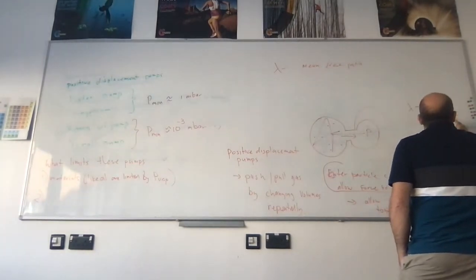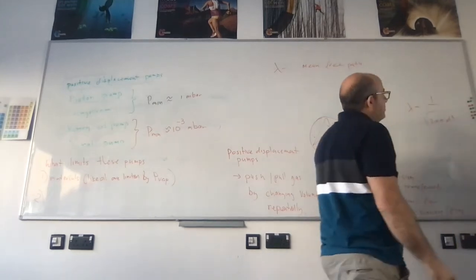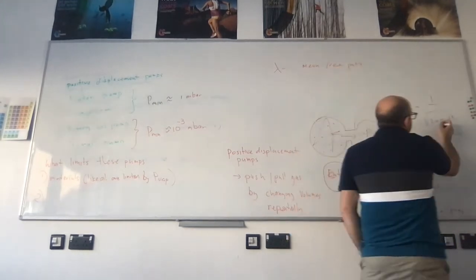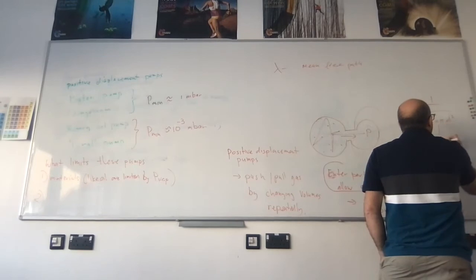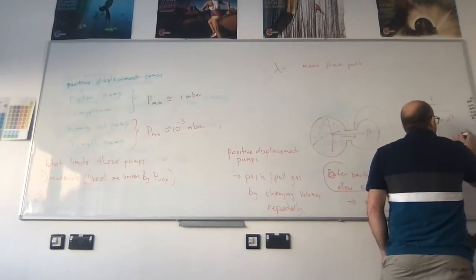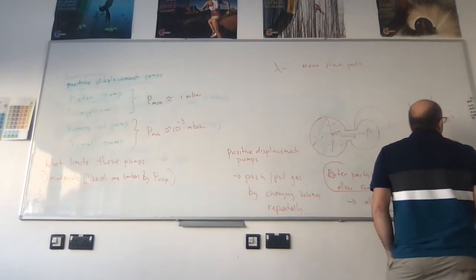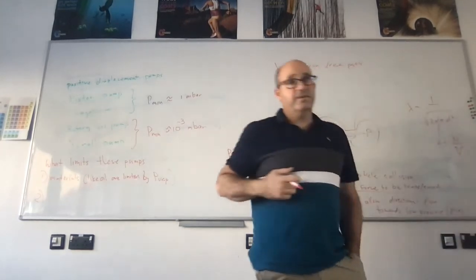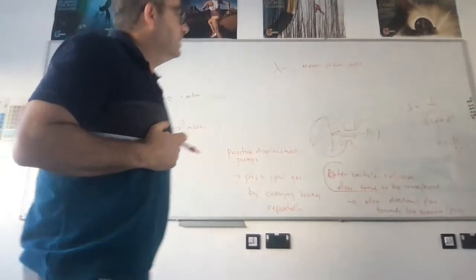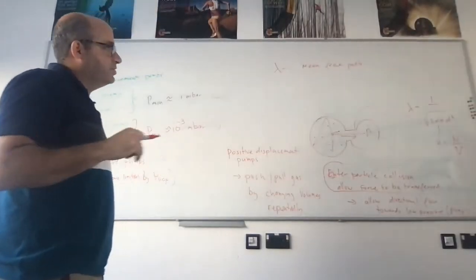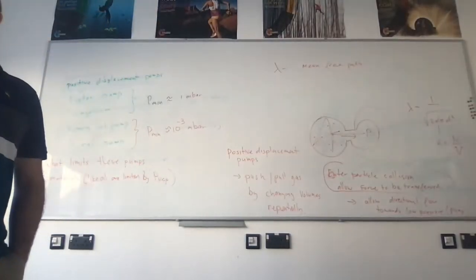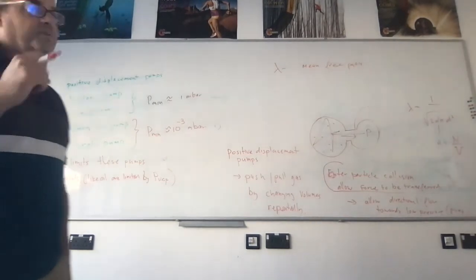The main thing here is d squared, which was the dimension of the molecule, and n prime, the number of molecules over the volume, so the density of the gas. Of course, as the pressure goes down, the density goes down as well, right? That's PV equals NkT.